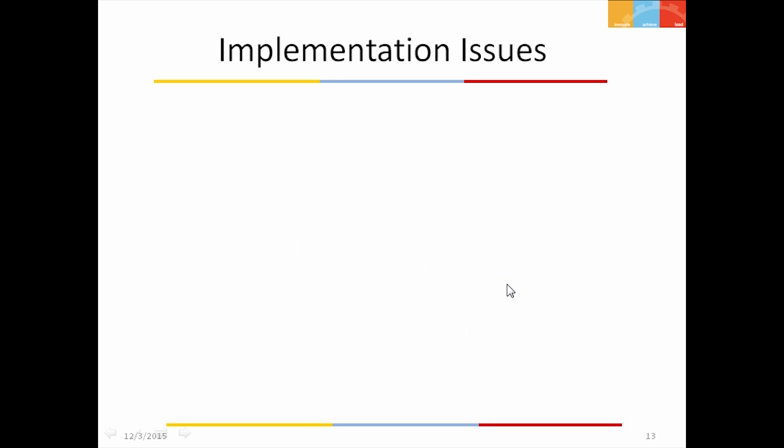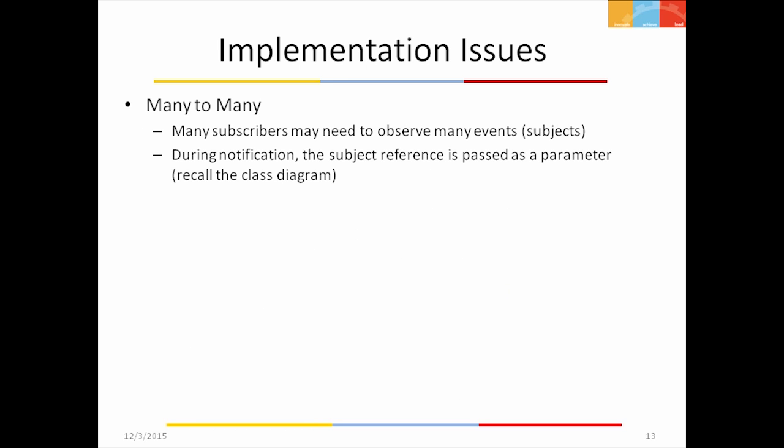Let us look at different implementation issues. One is many-to-many. In that example I showed that there are two publishers, two subscribers. In reality there could be many types of events generated, many subscribers. So there will be a scenario where many subscribers may need to observe many events.